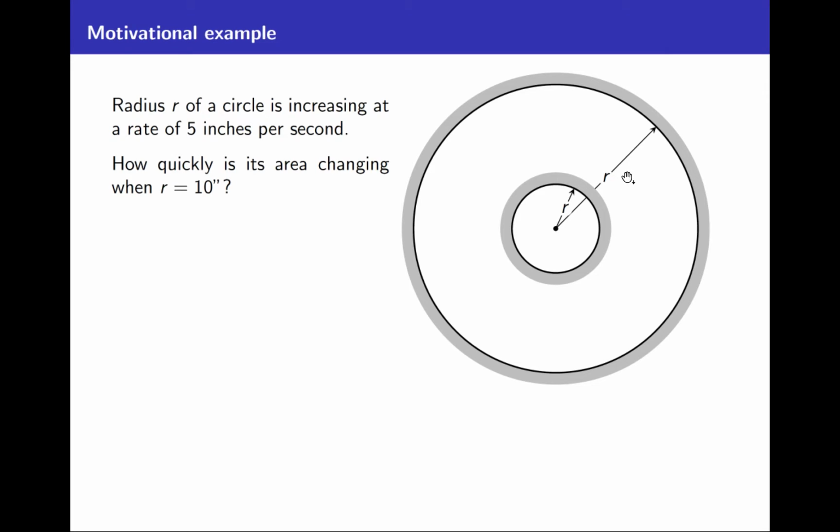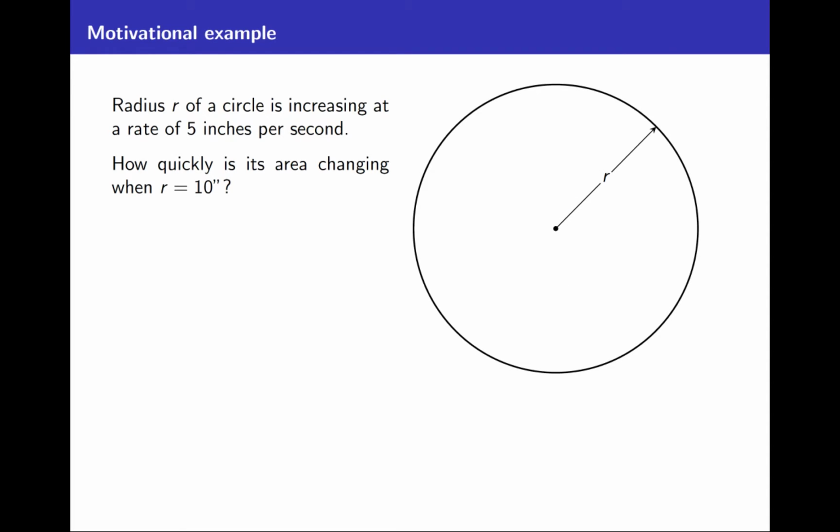So you can see in this picture that when r is bigger, the rate of change of area is bigger than it is when r is smaller. So the rate of change of area depends on r, and the question we're asking here is, what is that rate of change of area at the precise instant that r is 10 inches?